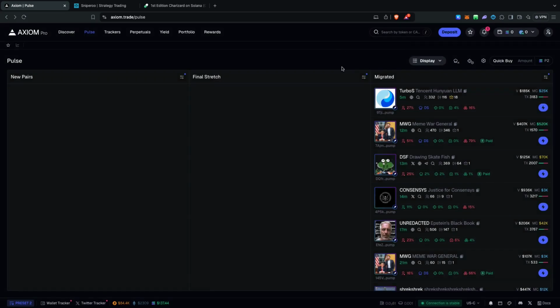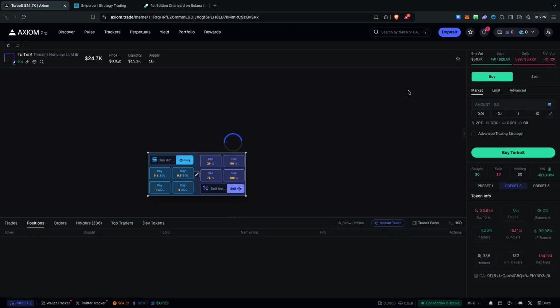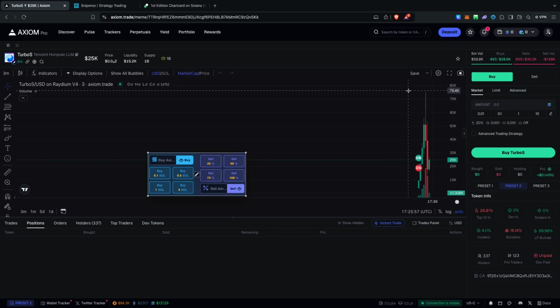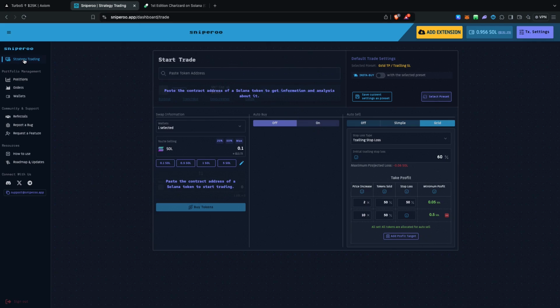So if you need to summarize anything from this episode: Number 1, use Axiom for your filters. Number 2, use Sniperoo to make your trades. Sniperoo is very good in terms of executions, in terms of sniping before a token migrates. Nobody's ever going to front run you. And Sniperoo has got these specific trading strategies in terms of profit taking, trailing stop losses, and stop losses.